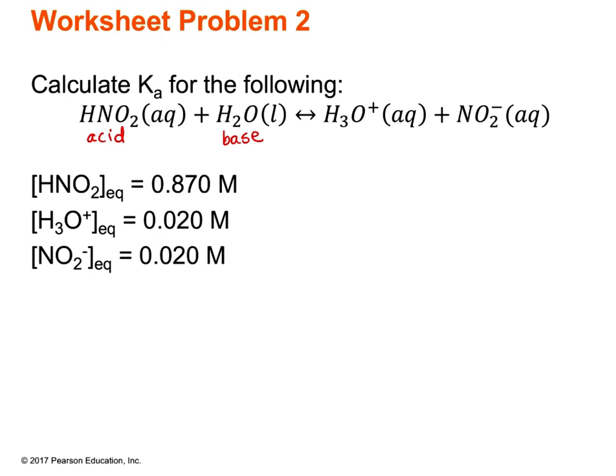Now when we look at the products, we have the hydronium ion and the nitrite ion. I'll write the name of the polyatomic ion there. We can see that the nitrite ion does not have any hydrogen atoms attached, so it cannot act as an acid, and therefore it must be the conjugate base.